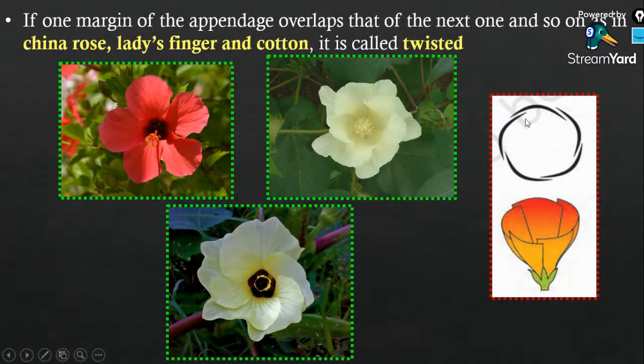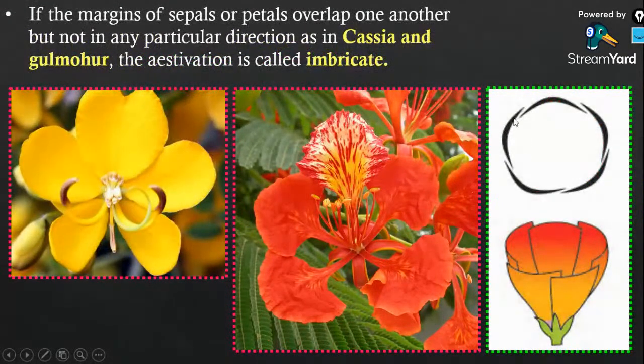But here for imbricate aestivation, it is inside, inside, inside, outside, outside, outside, inside, outside, outside, inside. There is no specific arrangement or direction of arrangement.